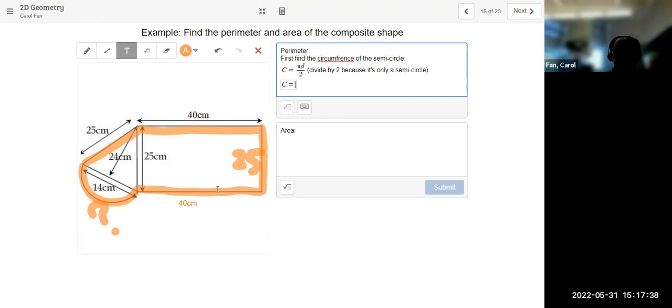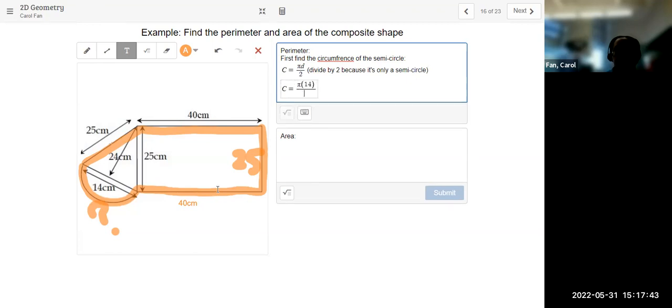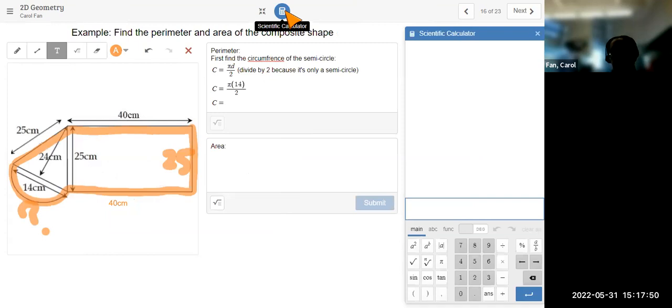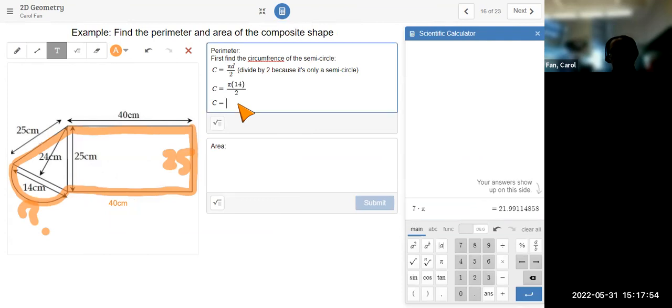Okay, so we have c is equal to pi times 14, all divided by 2. And we have c is equal to 7 times pi, 21.99. I'm going to round this because everything is to 1 decimal spot right now. 22 centimeters.